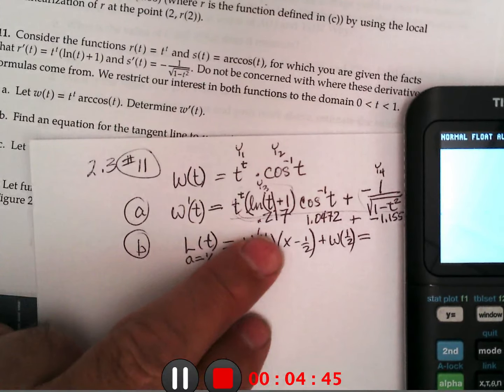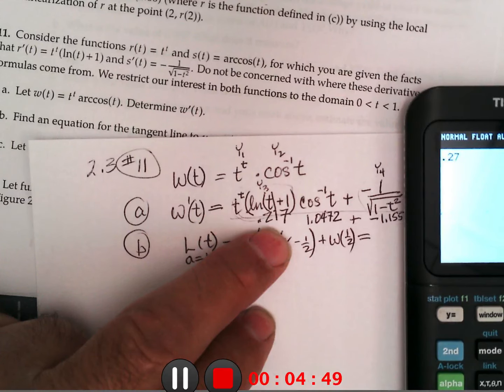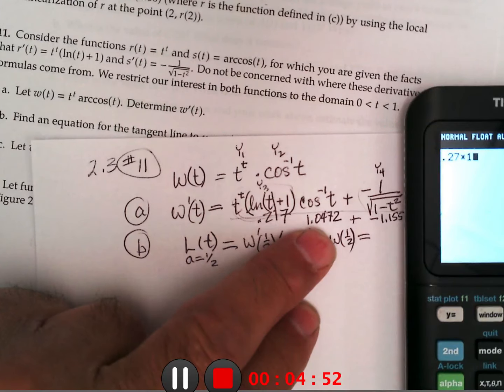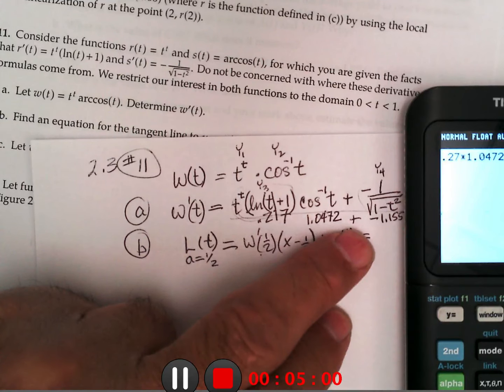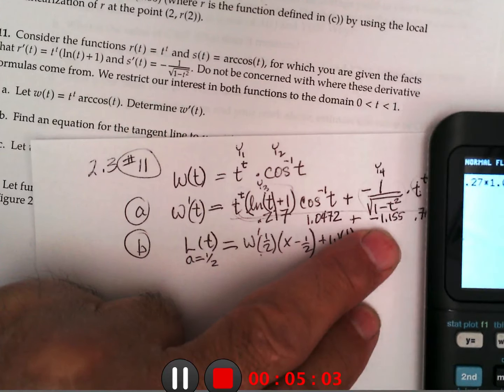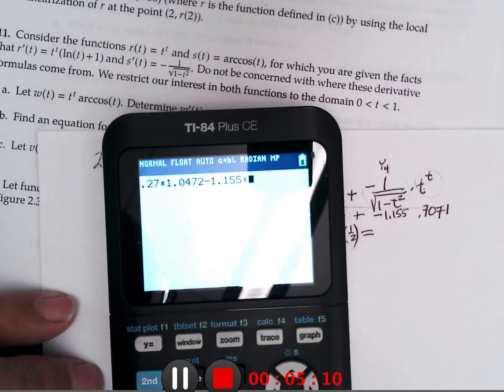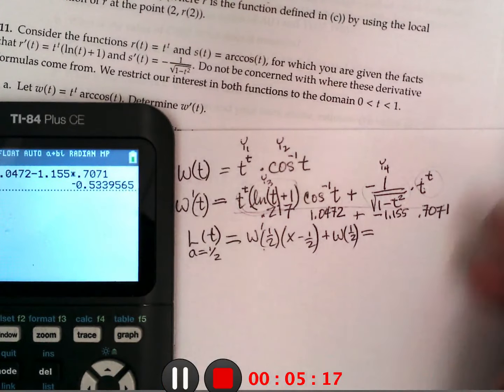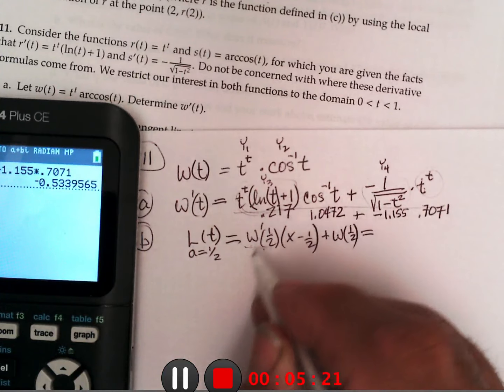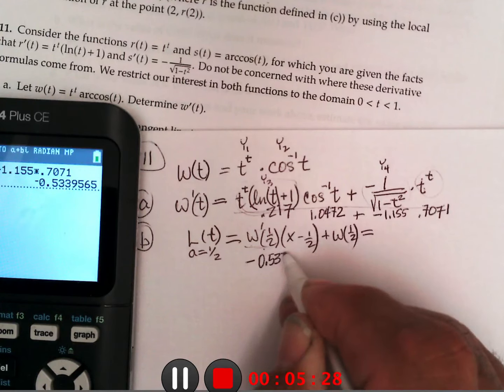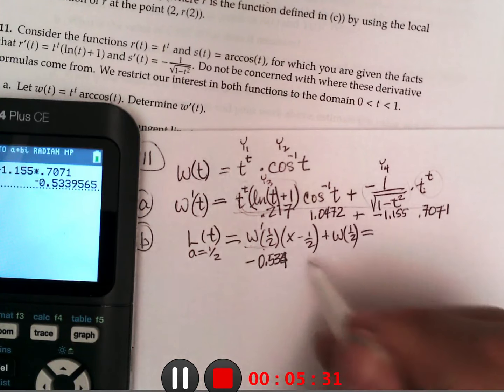So I've got to take 0.217 times 1.0472, plus a minus, so just minus 1.155 times 0.7071, and I get the first derivative at a half is negative 0.533534, close enough, times x minus 1/2 plus W.